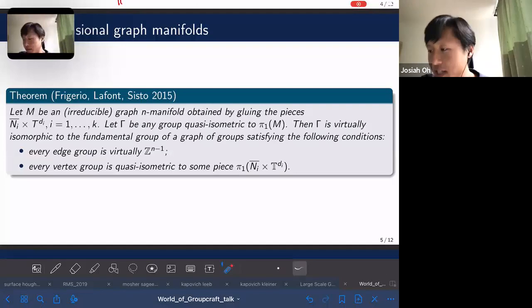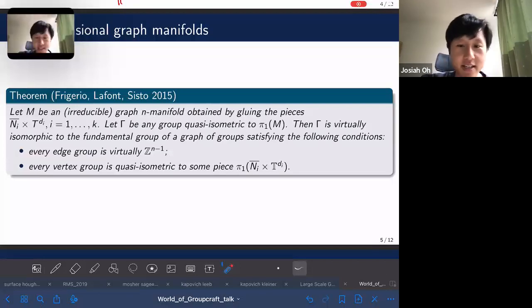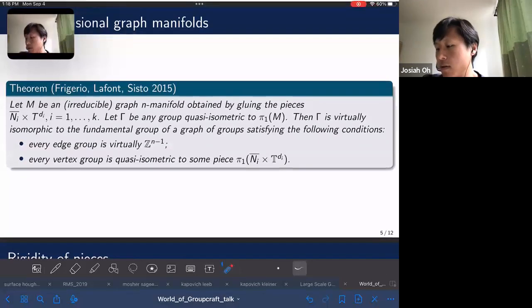If you don't know what a quasi-action is, think of it like an action by quasi-isometries. Technically, that's not correct, but that's the idea. And so often to prove QI rigidity, it reduces to understanding how quasi-isometries of your fundamental group behave.